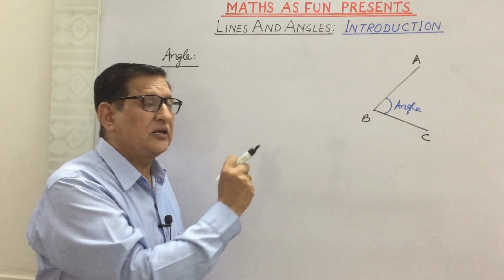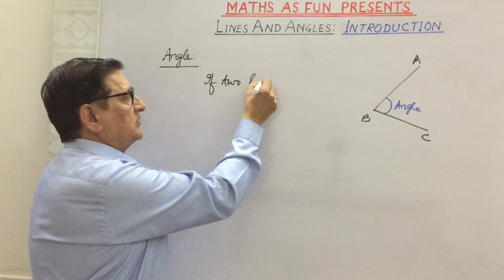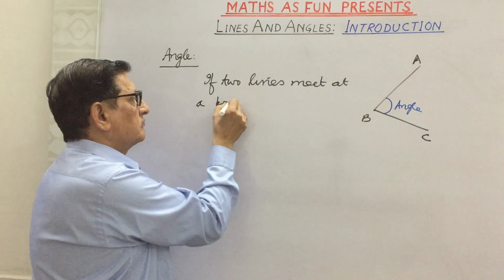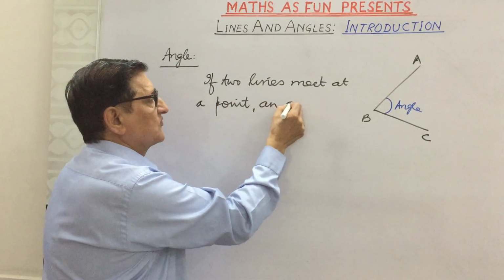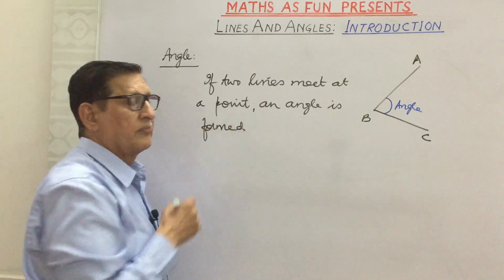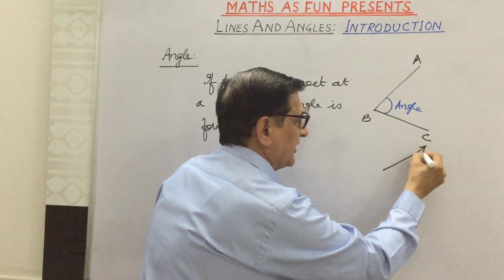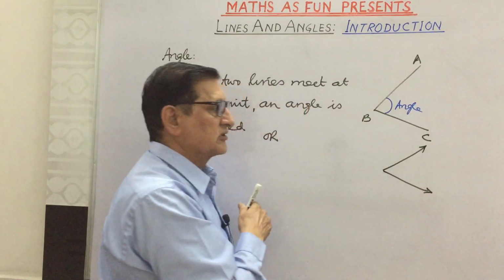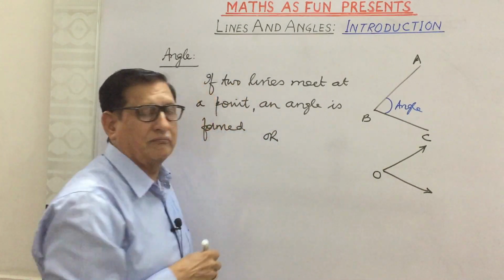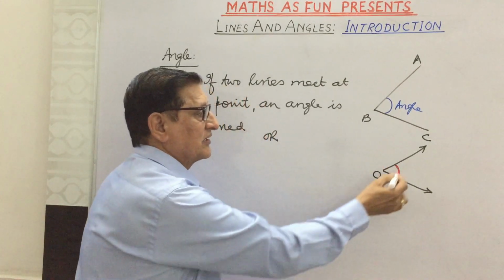So how can we define an angle? We can say if two lines meet at a point, an angle is formed. Another way we can define it: suppose these are two rays going in different directions and the initial point of them is the same, then also an angle is formed. This is the angle.